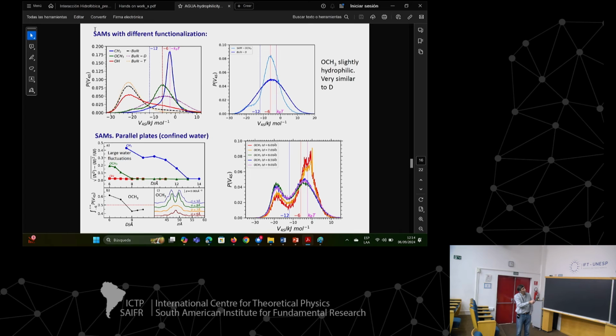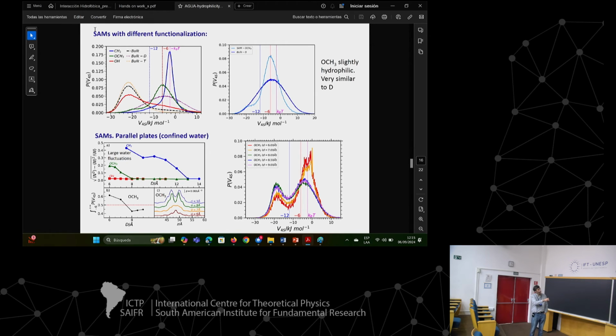But when you look at this case, the methoxy sum, you see that it remains in a hydrophilic regime until, at a certain point, around 8 angstrom separation of the two layers, it begins to increase quickly, as here. You begin to get a hydrophobic-like behavior.